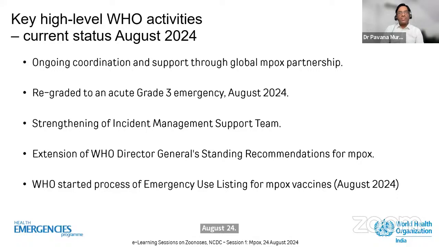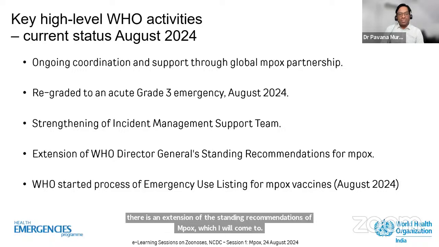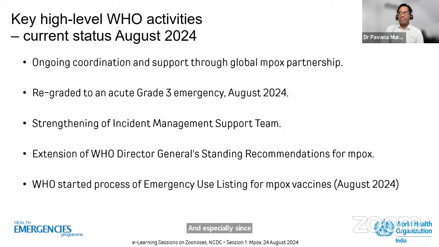Across the countries, they are strengthening the incident management support team, and there is an extension of the standing recommendations of Mpox, which I will come to. And especially since the vaccines are short, and we need more vaccines across the countries, emergency use listing for Mpox vaccine has also started.